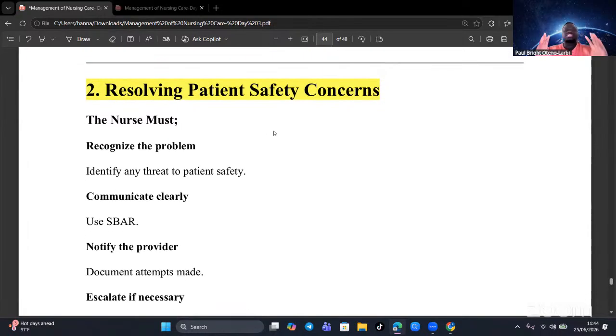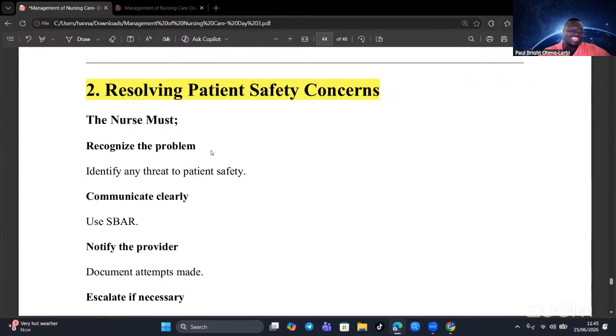Now, this is where the interview questions come. Resolving patient safety concerns: the nurse must recognize the problem. So they will ask, you went to work and so and so happened. As a nurse, what will you do? Interview question number 1: you have written in your CV that you are a good manager.